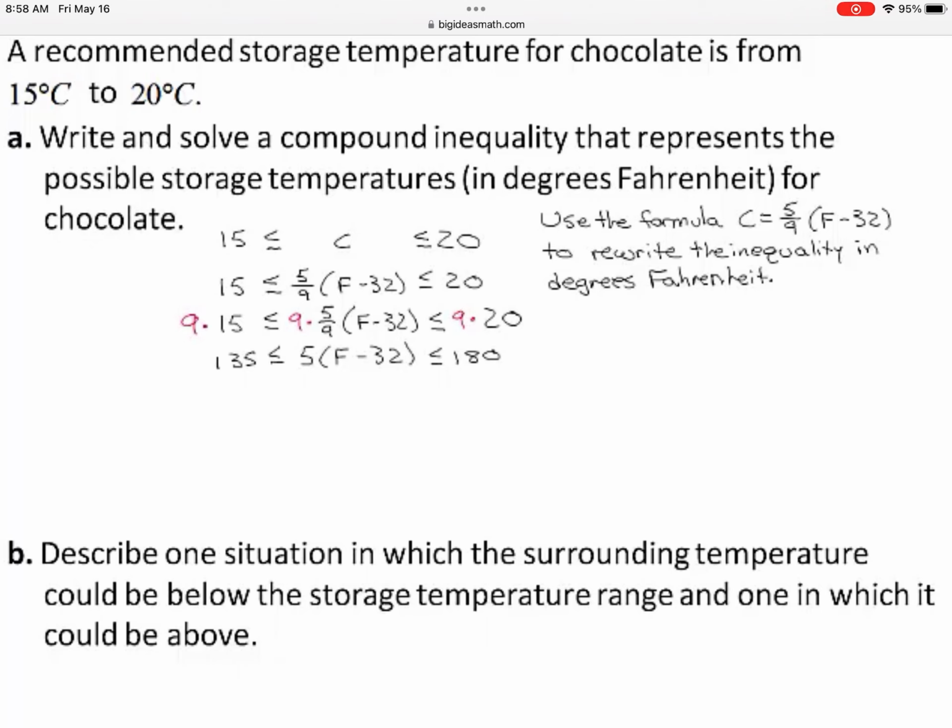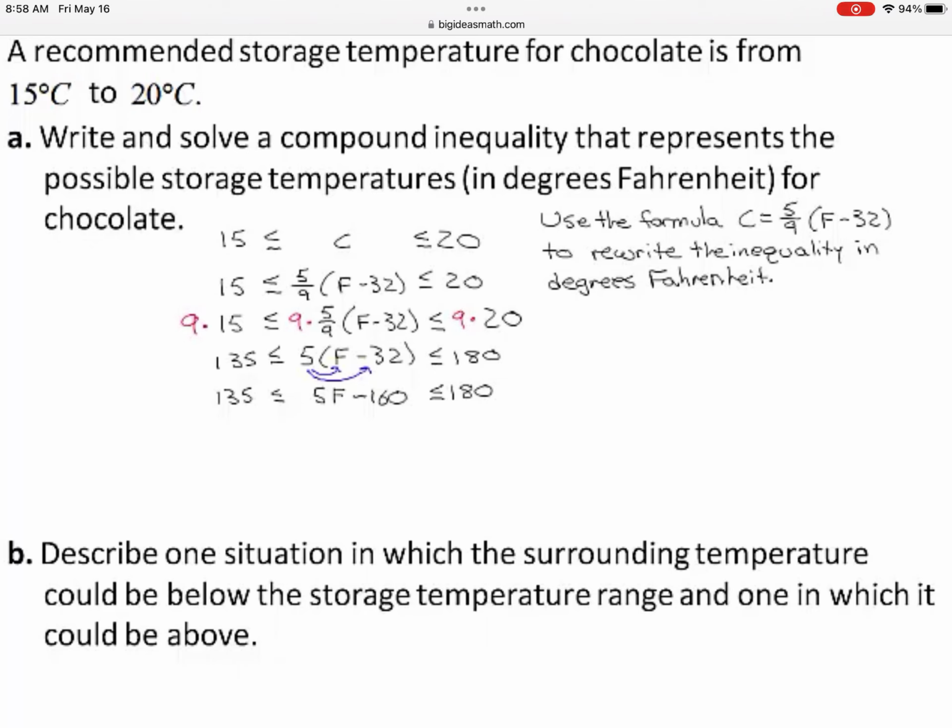Next, use the distributive property. Because 5 times F is 5F and 5 times -32 is -160, 135 ≤ 5F - 160 ≤ 180.